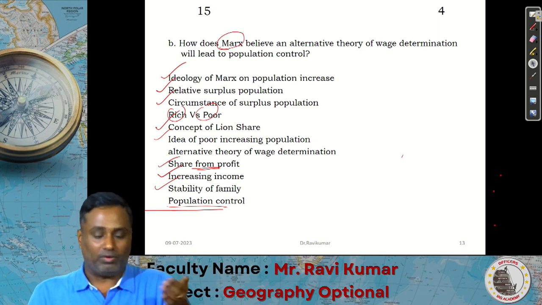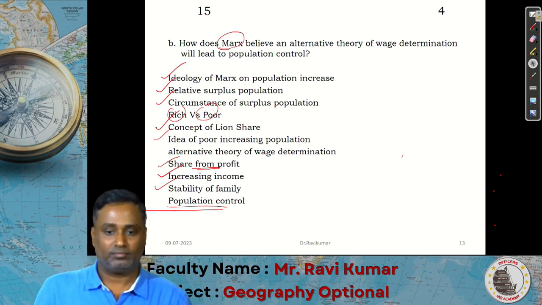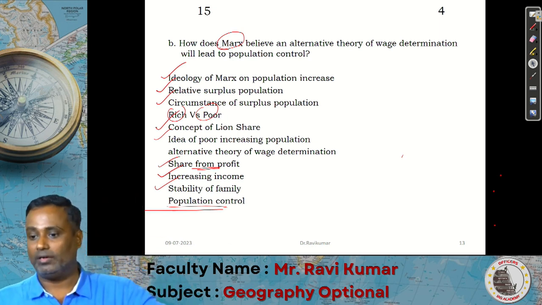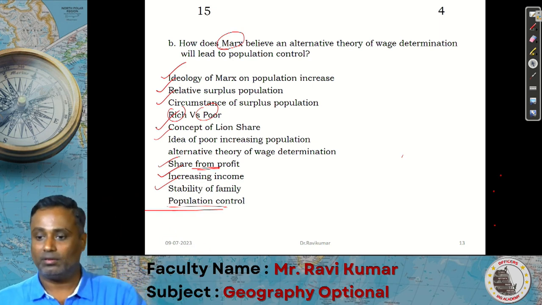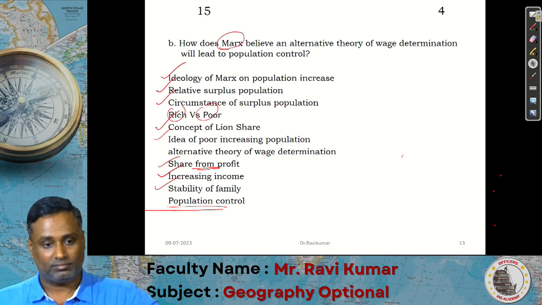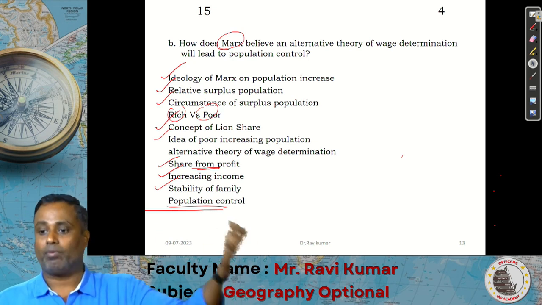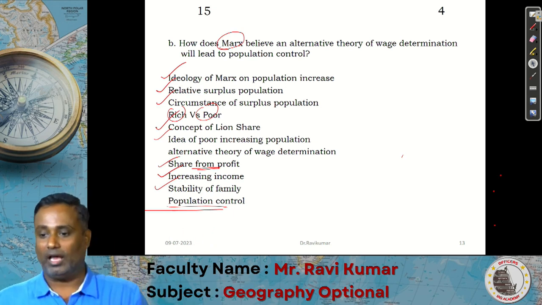Automatically the owner will have more money, and labor will get less. So the rich are getting richer, the poor are getting poorer. But all this profit is created by labor. Labor works day and night in the industry. He brings the profit, but the owner takes all the profit, giving a little bit to the labor.